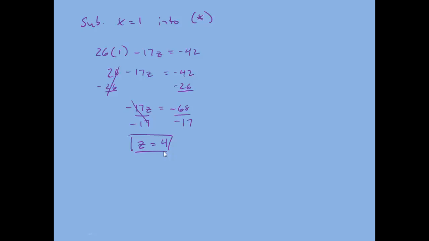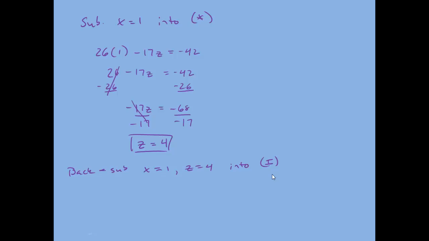So we're going to back sub into one of the originals. I'll back sub into the first one. Alright, so back sub x equals 1 and z equals 4 into any of the original equations. I'll pick equation 1.